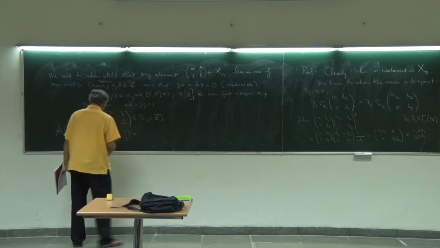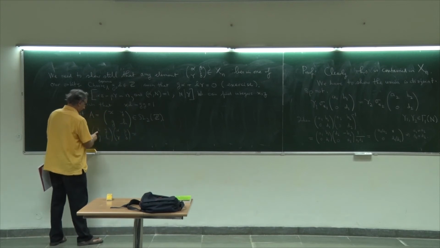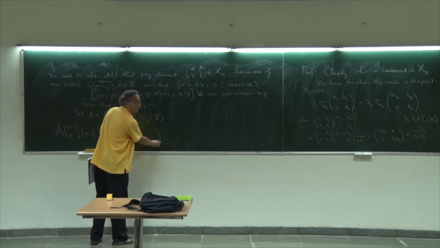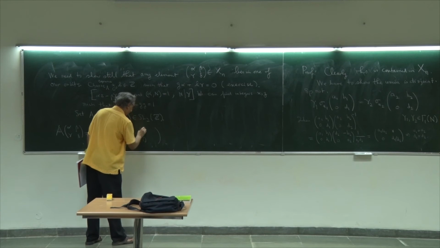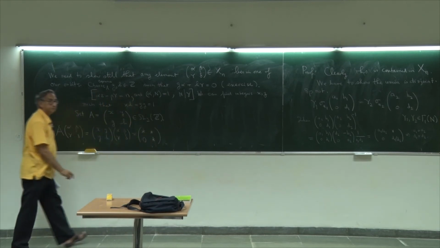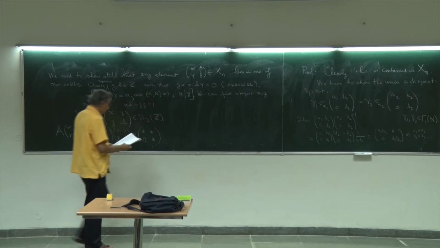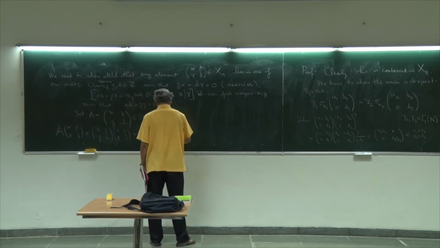And because we rigged it in such a way that g alpha plus h gamma is 0, this is a matrix which is triangular. So this is 0. I rigged it that way, and it has determinant n.